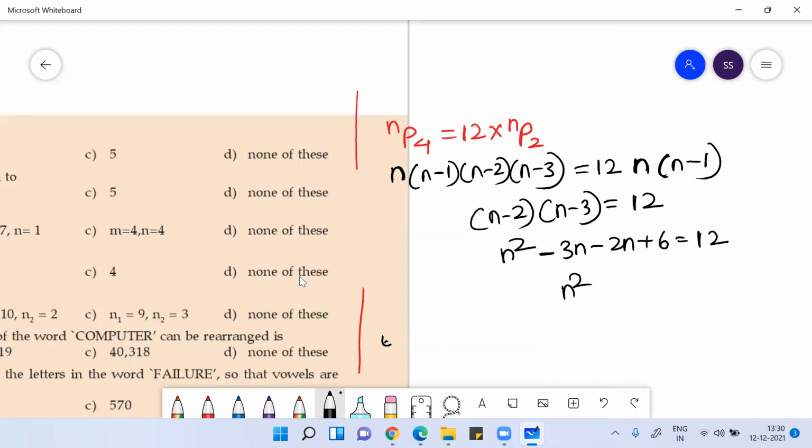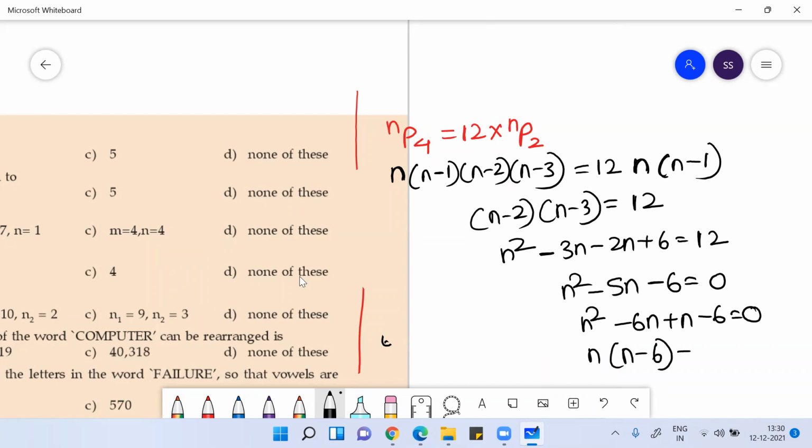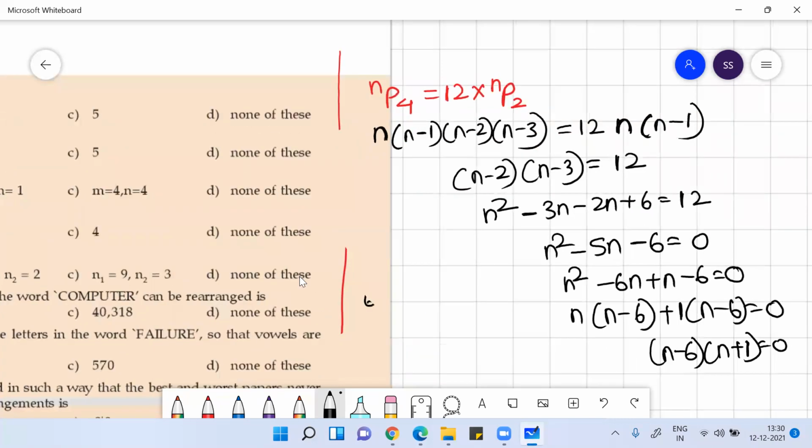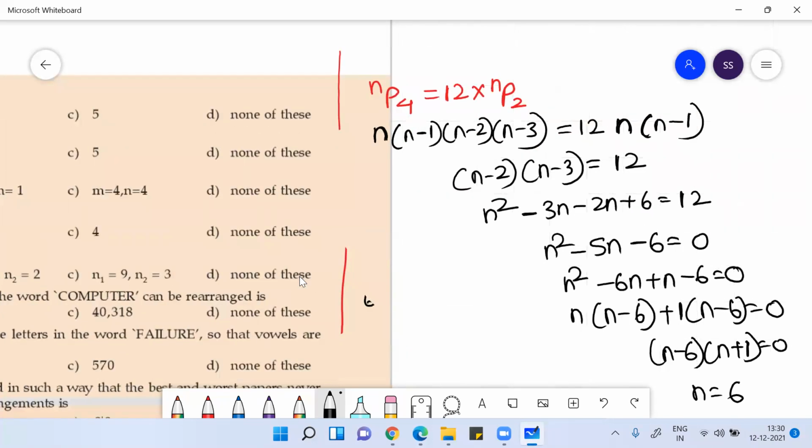So you will get n square minus 5n minus 6 equal to 0. n square minus 6n plus n minus 6 equal to 0. So n minus 6 into n plus 1 equal to 0. So the value of n you will get is 6 and minus 1. n cannot be negative, so the value of n is 6.